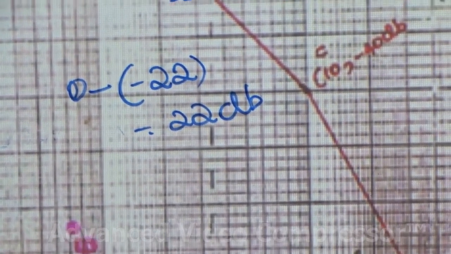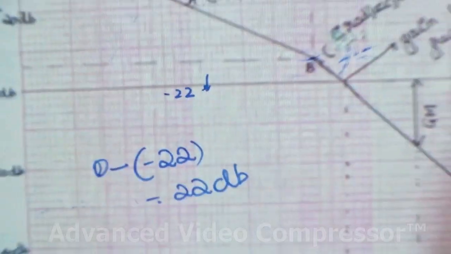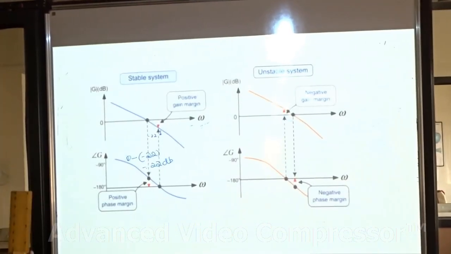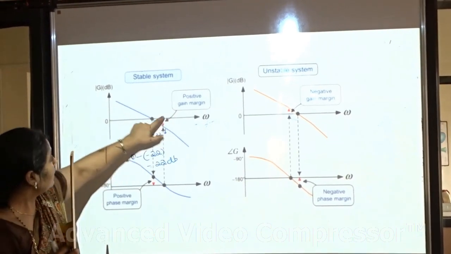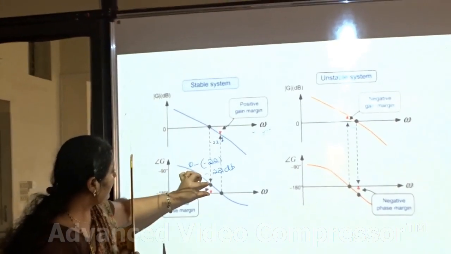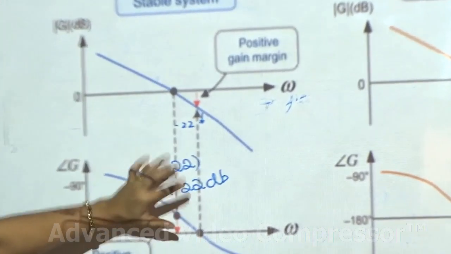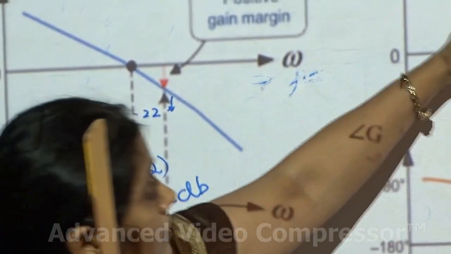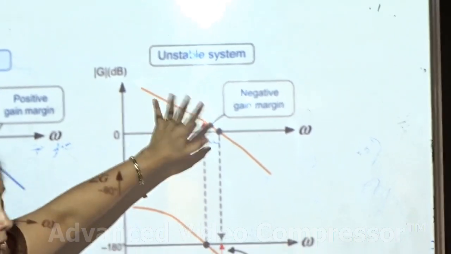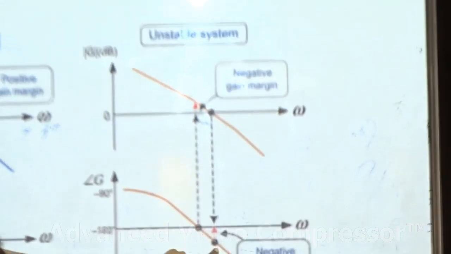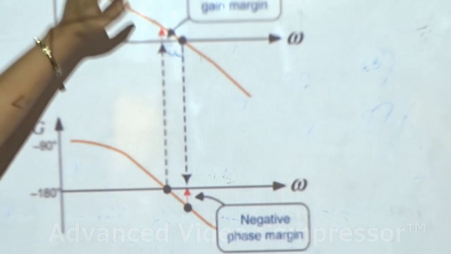If we look into the system stability concept, if the gain margin is positive and the phase margin is positive, the system is stable. In case the gain margin becomes a minus value, and the phase margin also becomes a minus value, then the system is unstable.